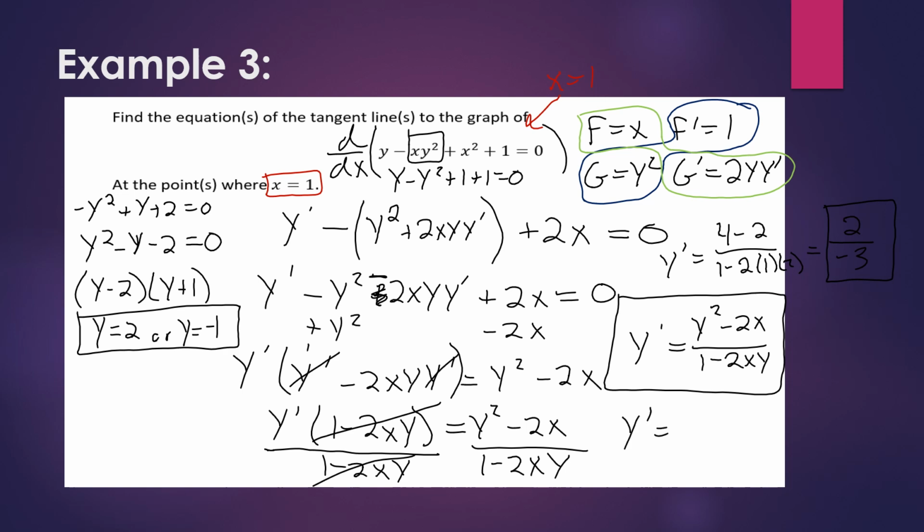Negative 1 squared is 1 minus 2 divided by 1 minus 2 times 1 times negative 1. So this would be negative 1 in the numerator divided by positive 3. So getting negative 1/3. So those would be our two answers: negative 2/3 and negative 1/3.